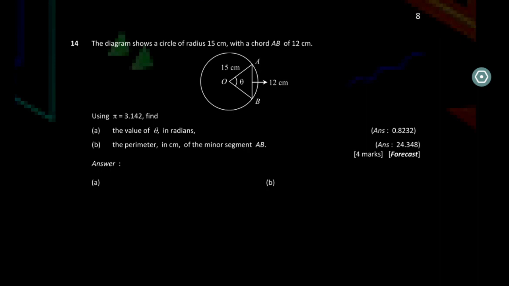So here, what can we do to find the value of theta? Just look carefully at this given shape for us. It's the triangle with 12 cm. The radius is 15, here is 15. So how to find theta? Which solution of triangle formula can we use?